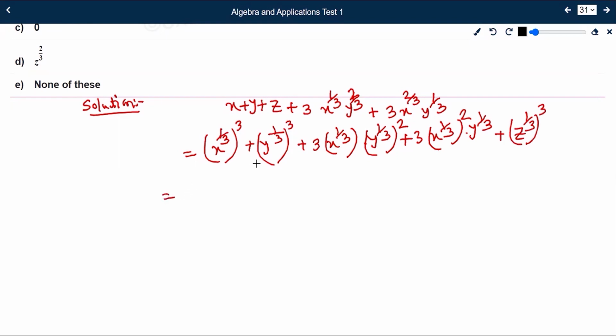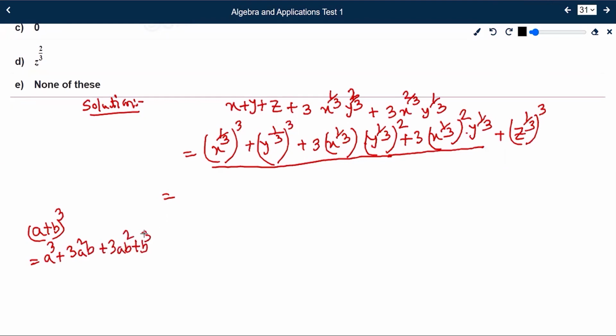Okay, now look here, look at the first 4 terms. Okay, so this is the form of a plus b whole cube. First, let me make you remember that identity itself. A plus b whole cube gives us the result a cube plus 3a square b plus 3ab square plus b cube, right?